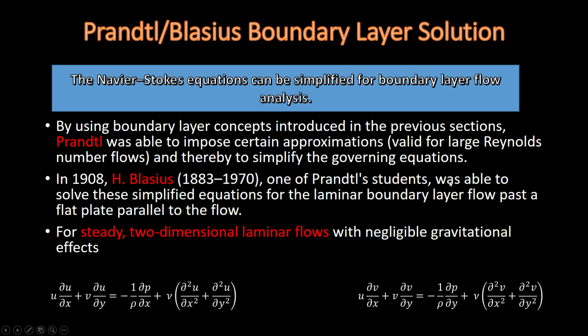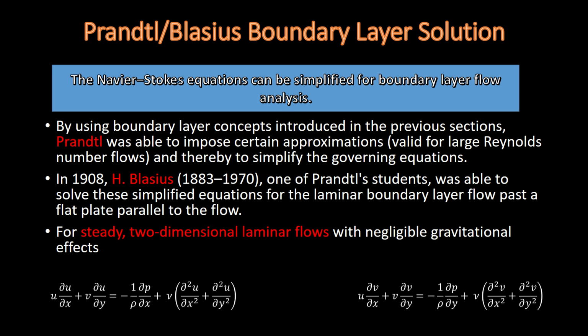Okay, so now it is the Prandtl-Blasius boundary layer solution. For these two researchers, Prandtl is the teacher and Blasius is the student of Prandtl. These two researchers used the Navier-Stokes equation in order to simplify it for boundary layer flow analysis.